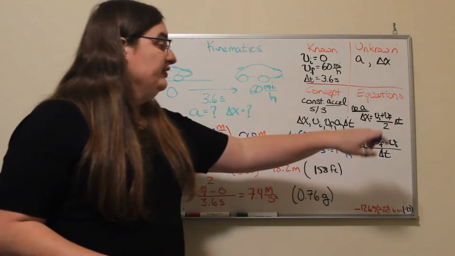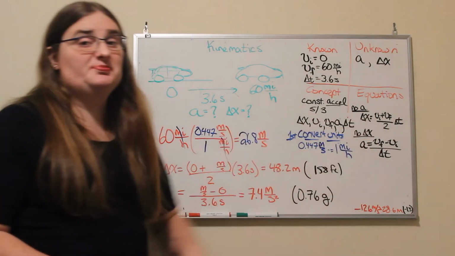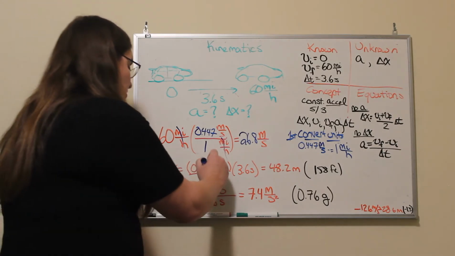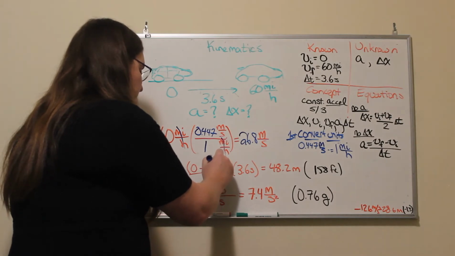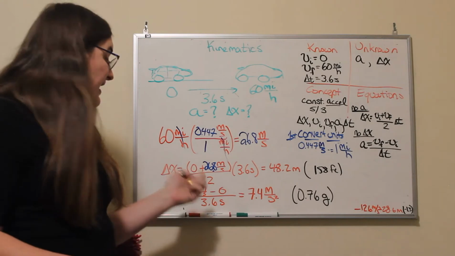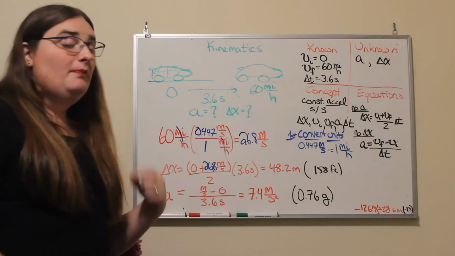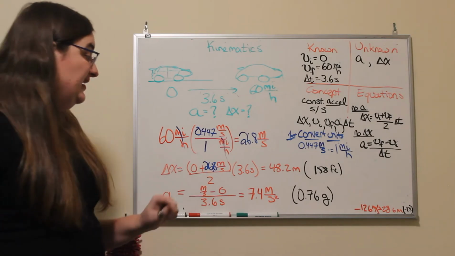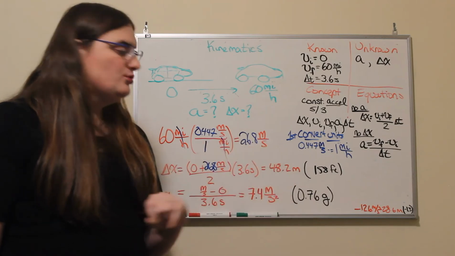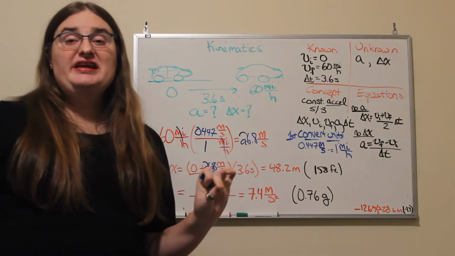So I can fill in what I know in my displacement equation. My displacement is 0 plus 26.8 meters per second, divided by 2. That gives me an average velocity of 13.4 meters per second, multiplied by our 3.6 second time, and that gives me a total distance of 48.2 meters, which is 158 feet.